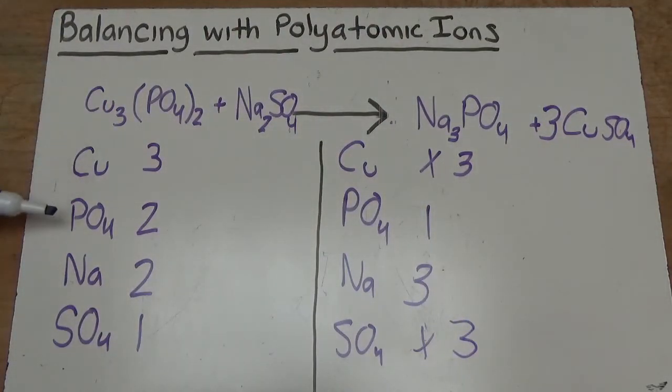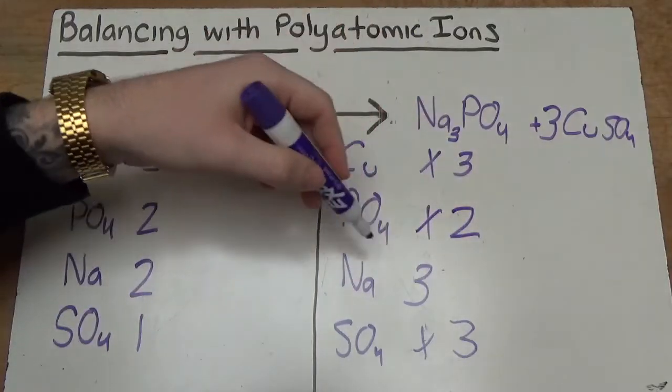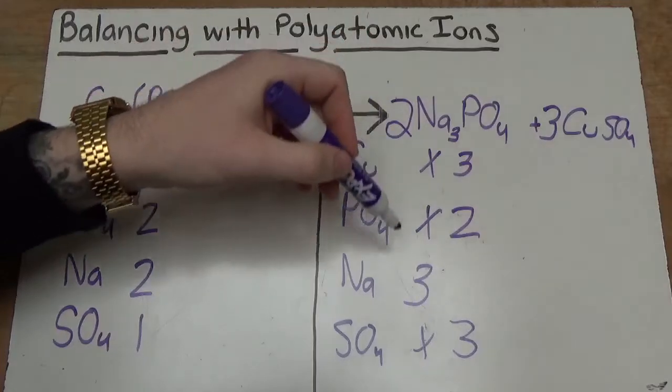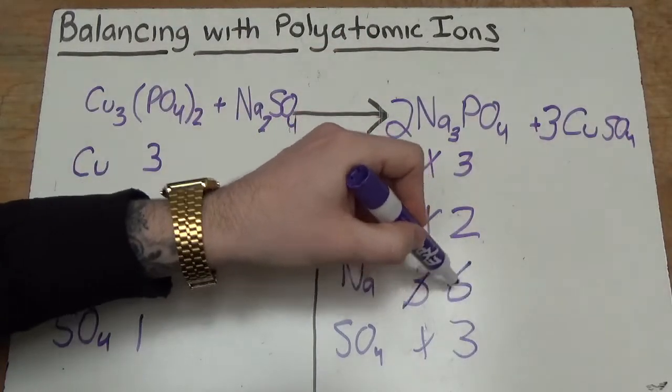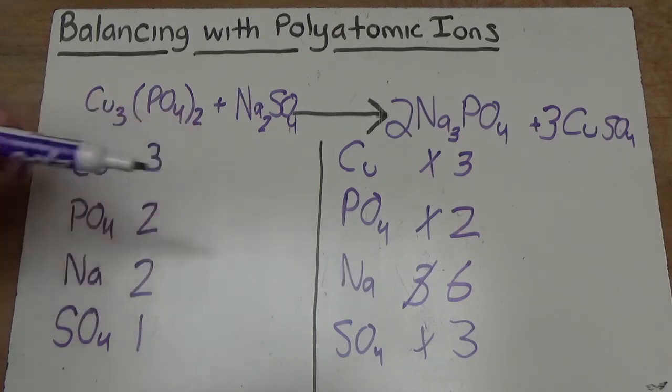Now we go to the next one, phosphate. On the left I have 2, on the right I have 1. Multiply 1 by 2, make this a true statement up here, and then update my number of sodiums to 6. Move on, copper is good, phosphate's good, sodium. 2 on the left, 6 on the right.